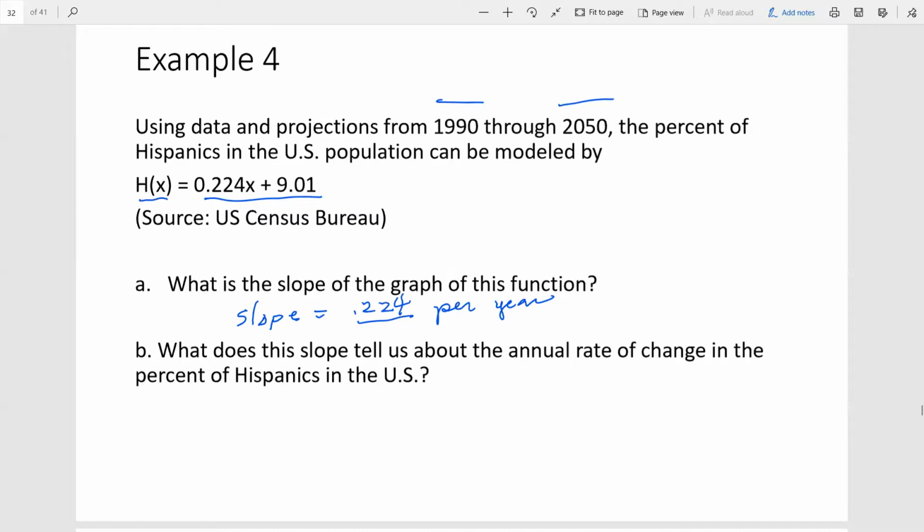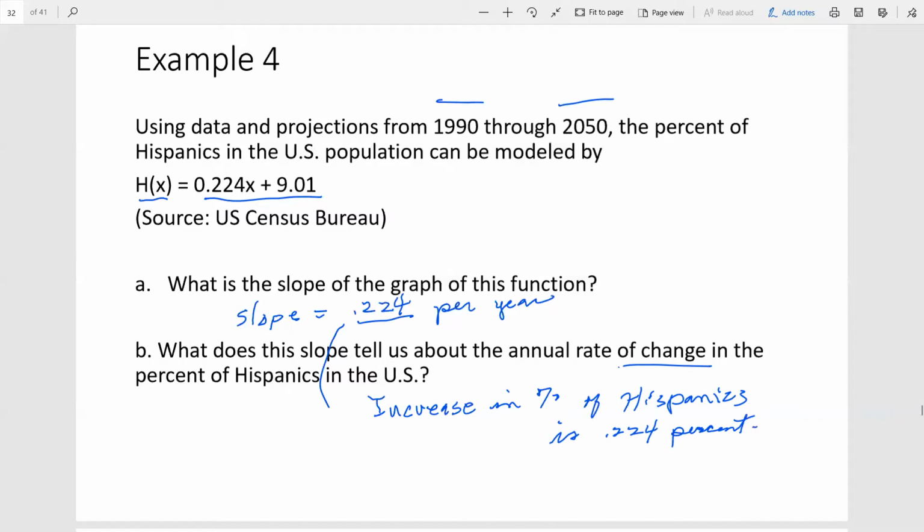And what does the slope tell us about the annual rate of change? Just what I said. The increase in percent of Hispanics is 0.224% per year.